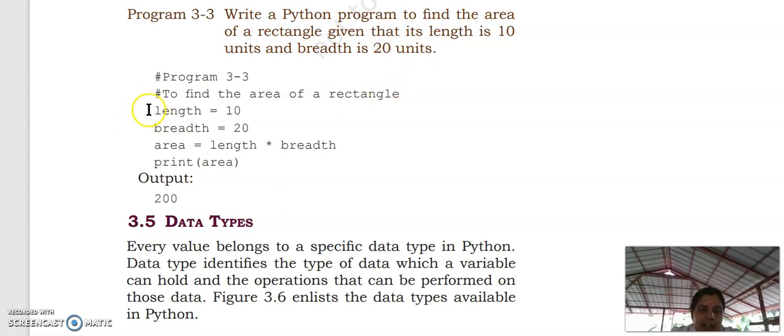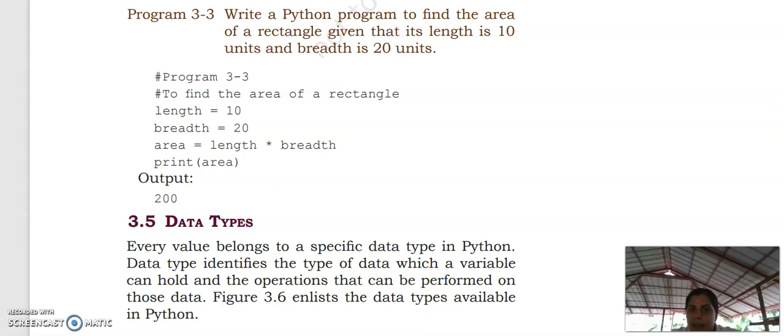Here for length, we can use any name like L, B, etc. Here length equals 10, breadth equals 20, area equals length star breadth. For multiplication, we are using the star operator, which is known as asterisk. And print area will give the output 10 into 20 equals 200. So these are the example programs.